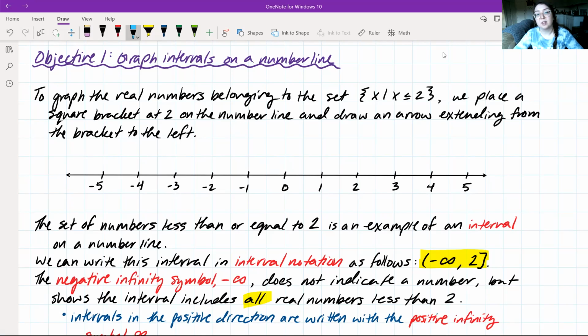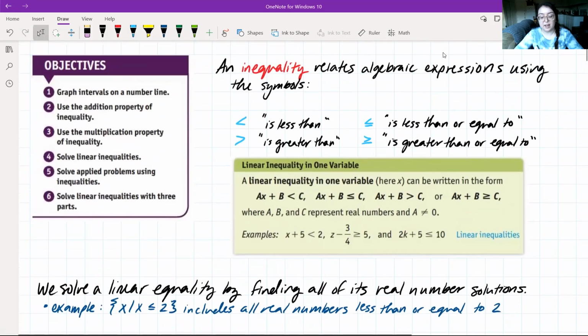A round parenthesis would mean that 2 is not included, which gives you a strict inequality. Those are the inequalities that we think of when we say is less than or is greater than. So if you have is less than or is greater than, you'll have a rounded parenthesis. And if you have is less than or equal to, or is greater than or equal to, you'll have a square bracket. So that is the main difference.